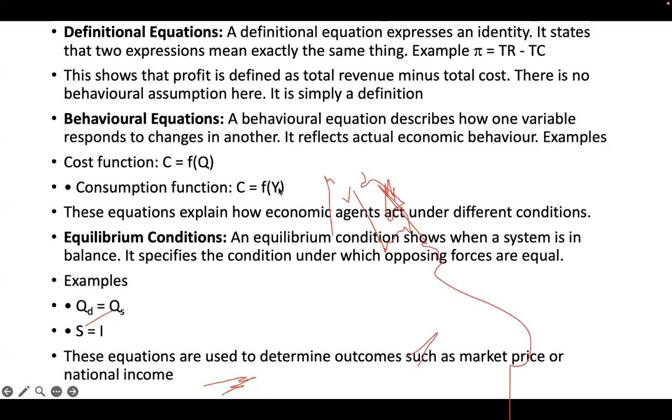That is, other things can determine consumption, but the major determinant is income. That's why we are saying that consumption is a function of income, but other things determine it. Right. So we are saying it's a behavior that can change.